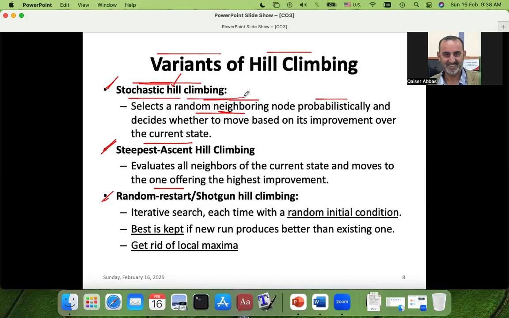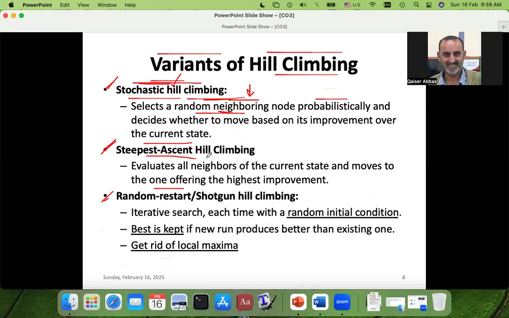Even this random selection gives you the idea that stochastic hill climbing is different from basic hill climbing, because stochastic hill climbing allows moves in the downward direction, but basic hill climbing does not. It always goes uphill.